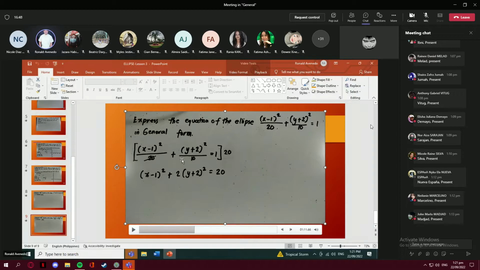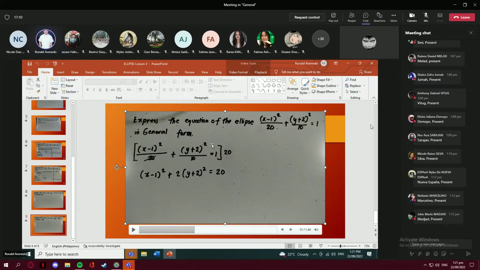Then for the second term, plus, 20 divided by the denominator 10 would give us 2. So the quotient 2 would be multiplied to our numerator. So 2 times y plus the quantity of y plus 2 squared.